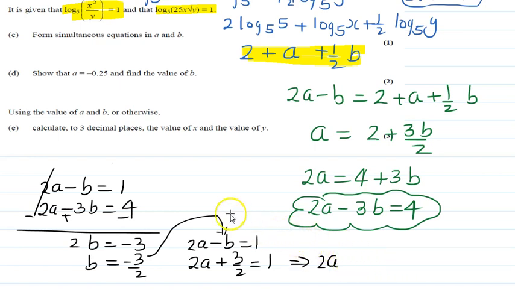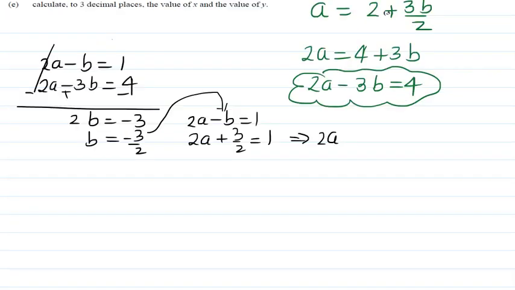So we get 2a equal to minus half, and a is minus 1 over 4, that is minus 0.25 here. So this we needed to show, a is minus 0.25.